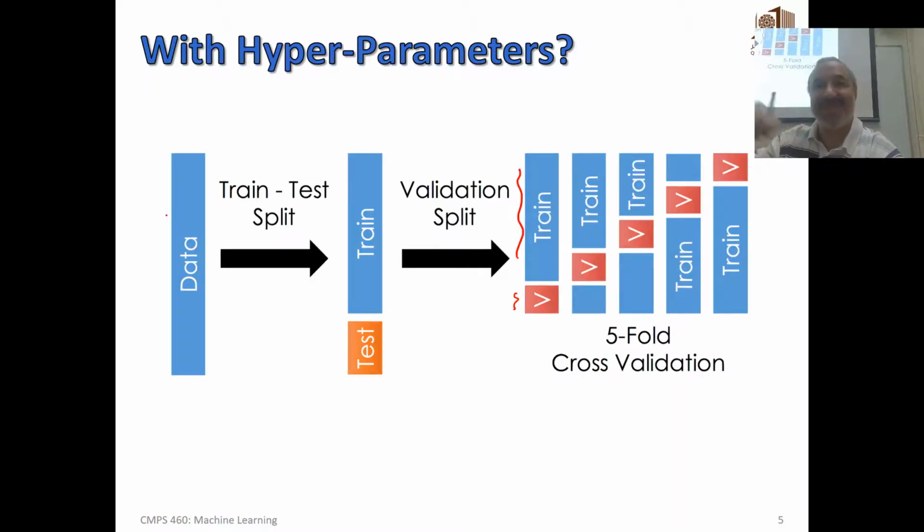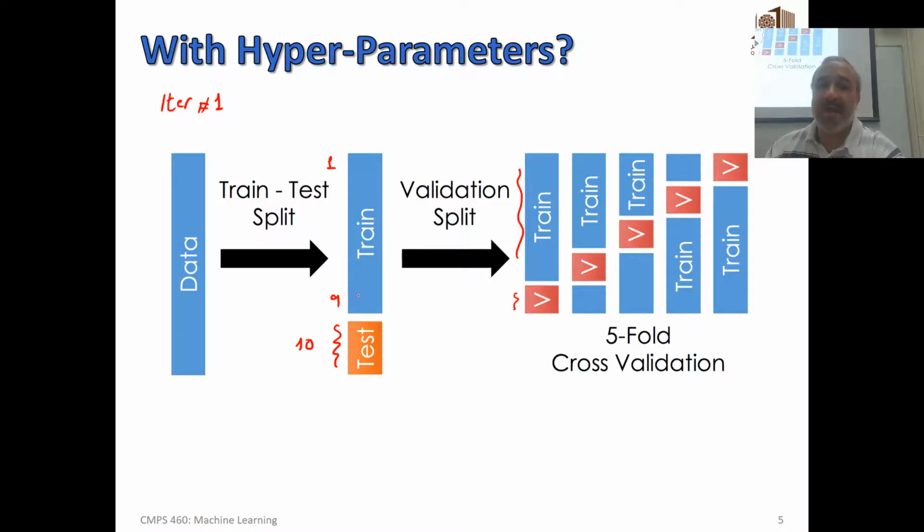You can try this multiple times as we did in the previous slide, but now for tuning the hyperparameters. So let's focus on this now. Let's say that we are in iteration number 1, where we have a test fold, which, if you remember from the previous slide, was number 10, and the train was 9 folds from 1 to 9.